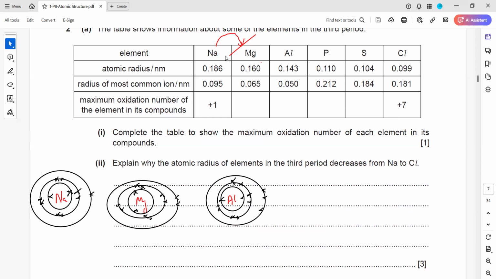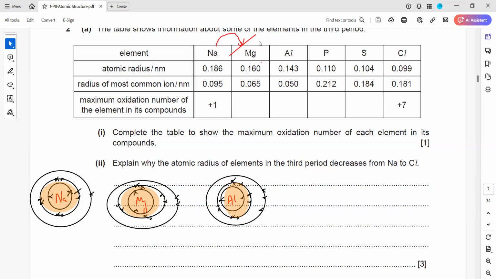Shielding effect means how many inner shell electrons there are. How many inner shell electrons for sodium? 10, for magnesium 10, for aluminium 10. So they all have the same inner shell electrons. That's why they all have the same shielding effect.